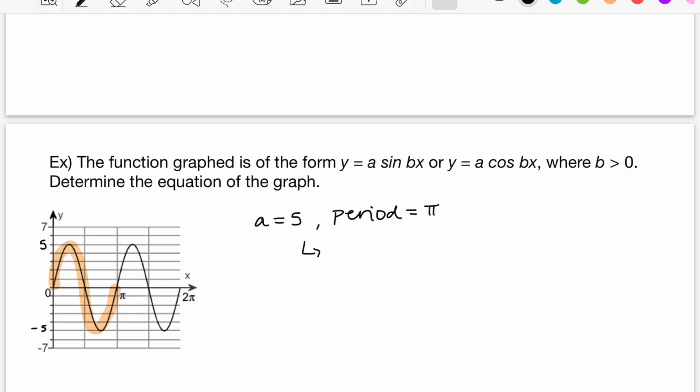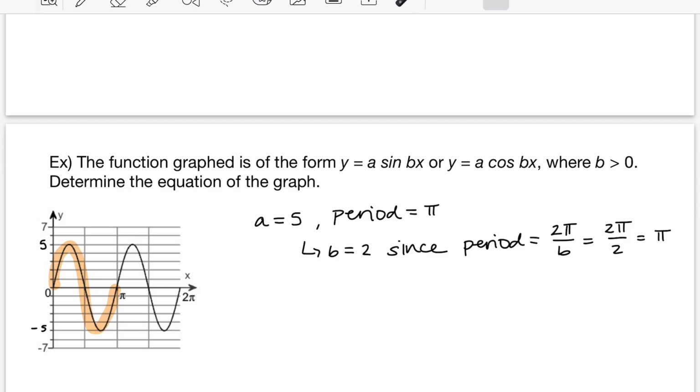So since our period is equal to pi, this tells us that b must be equal to 2. Since remember, our period is equal to 2 pi over b. And if b is 2, then we get that our period is pi.